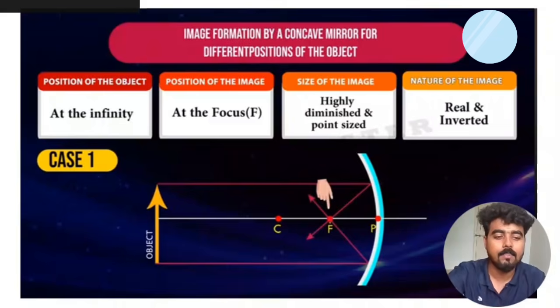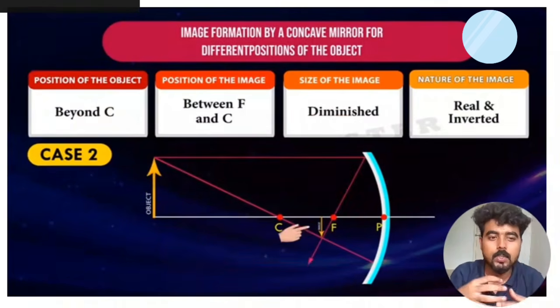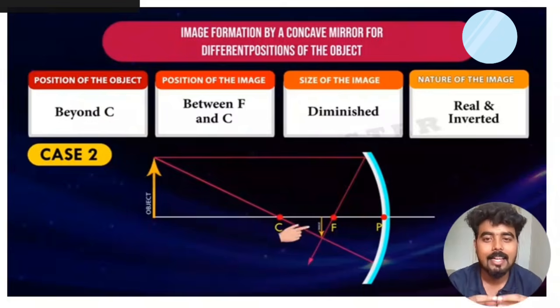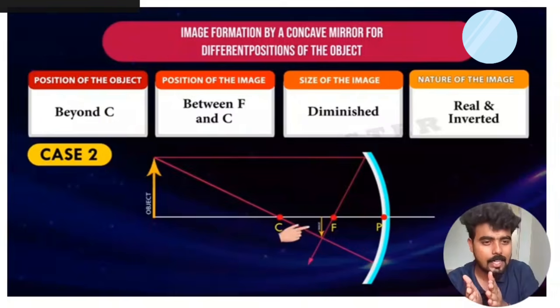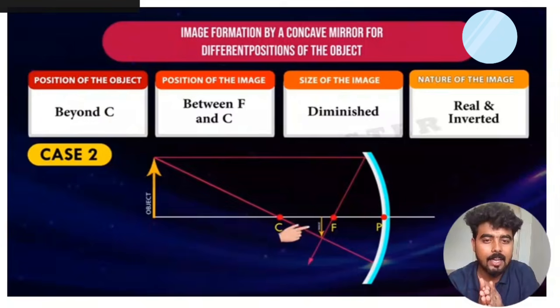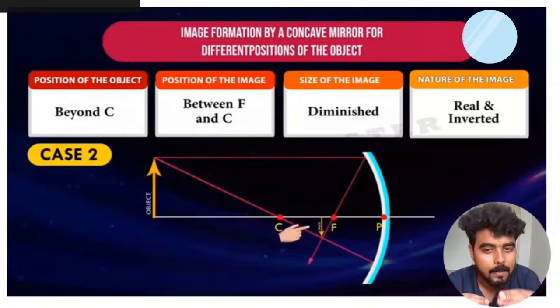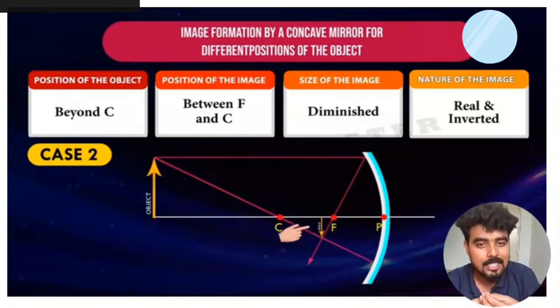Okay. Now we are going to case study 2. Let's bring the object a bit closer. When the object is placed beyond the center of curvature C, here we take one ray parallel to the principal axis which passes through the F and another ray passing through the center of curvature C. We already know rule number 3.